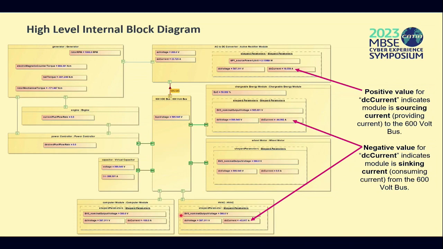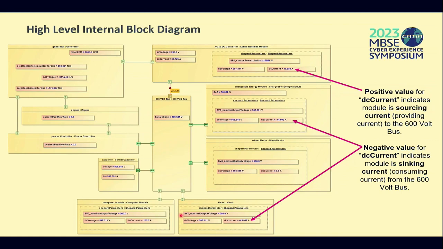So this is a very high-level view of that architecture when it comes to life. This is an IBD. As I mentioned, one thing that might be hard to see here is we have a DC current. This is for the battery pack itself, and notice it says negative 44 amps. What that means is it is actually consuming power.